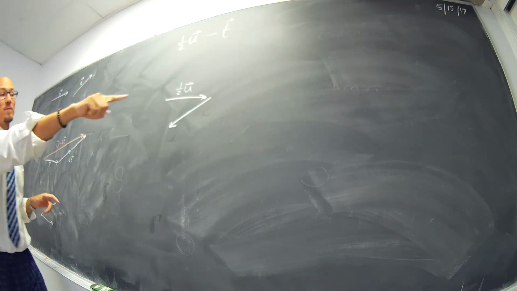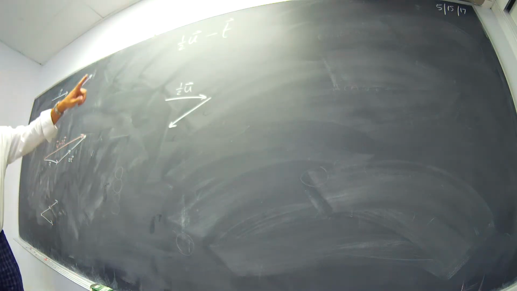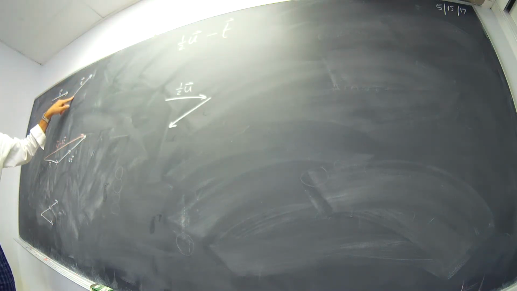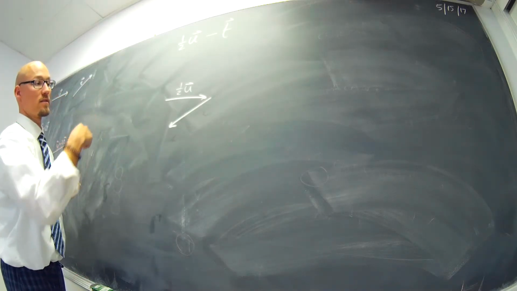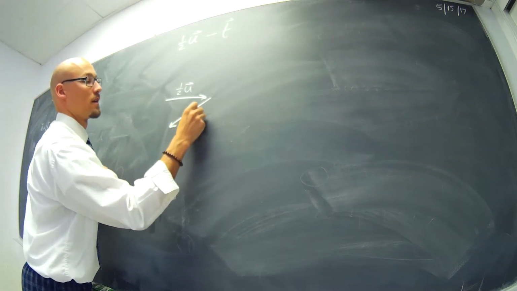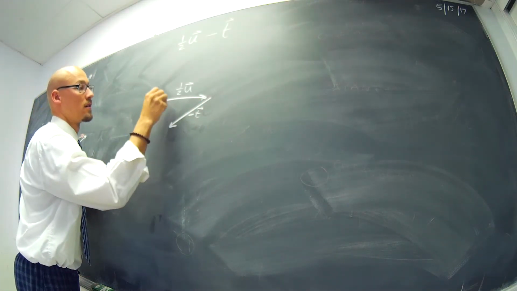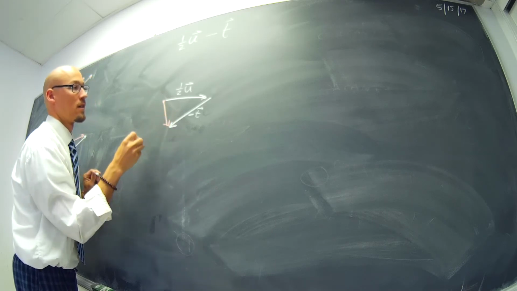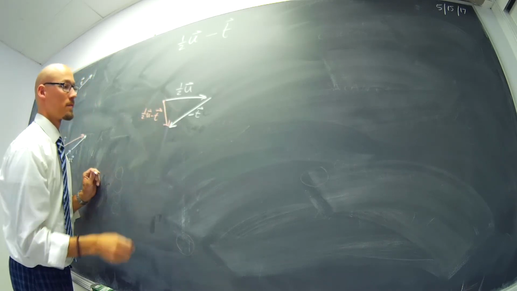It's still tip to tail, but negative means backwards, 180 degrees the other way. So this is negative t, and then your resultant vector, start to finish, is half u minus t, right there.